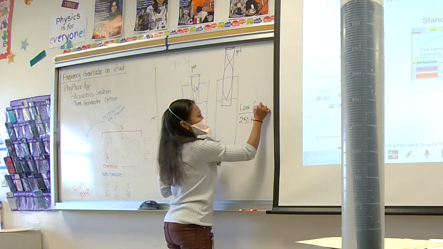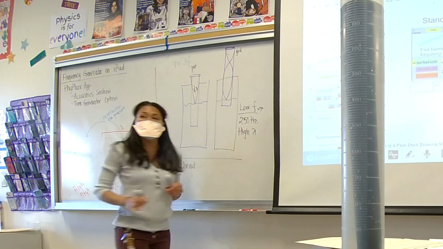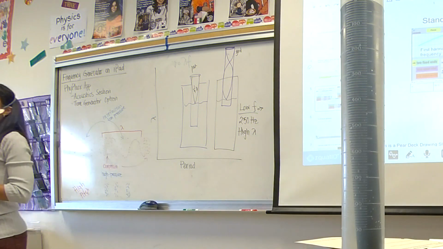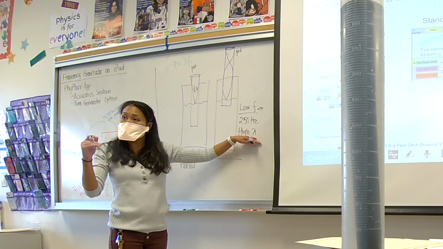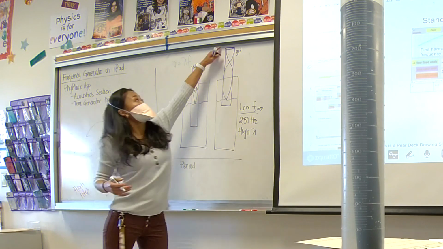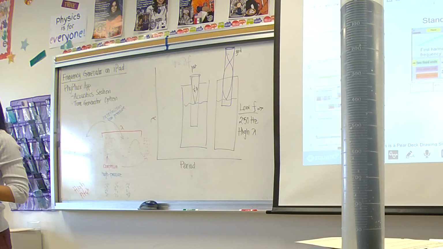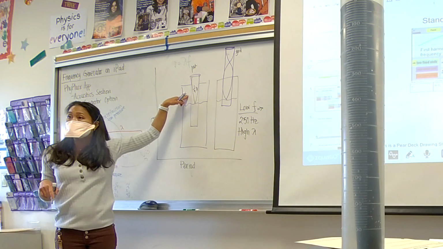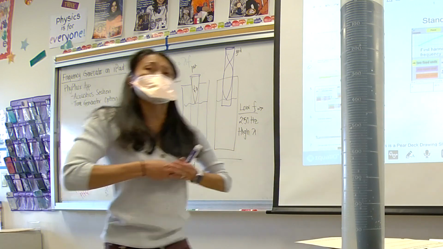Low frequency is a high wavelength. And so if you start with a low frequency and work your way up, you should see the wavelength getting smaller and smaller and smaller and smaller. If you notice that your wavelength jumps up to a really high value, you probably found the third harmonic, and you need to go lower to find your first harmonic. Does that make sense? How do you find the harmonics is the hard part.